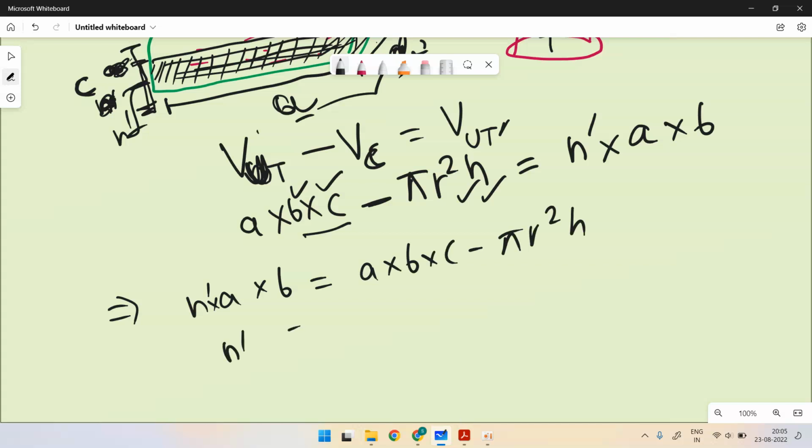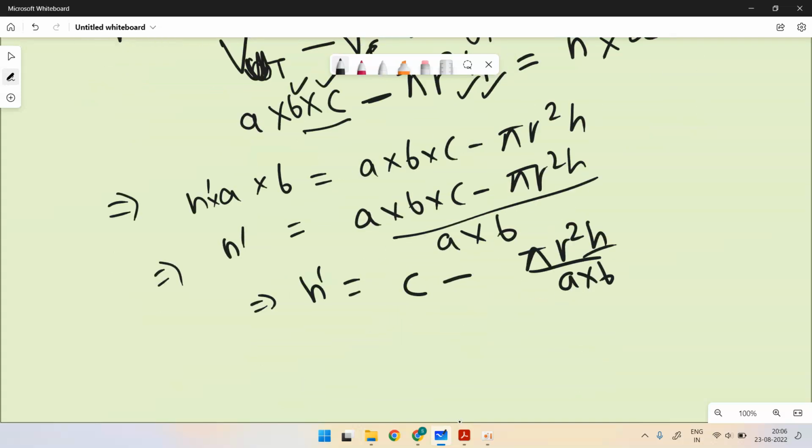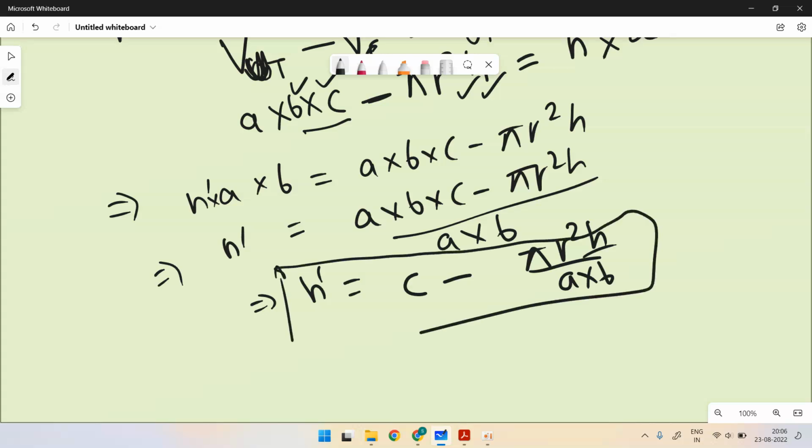From here, h dash equals a b c minus pi r square h by a into b. Simply put in the value and we'll get the answer.